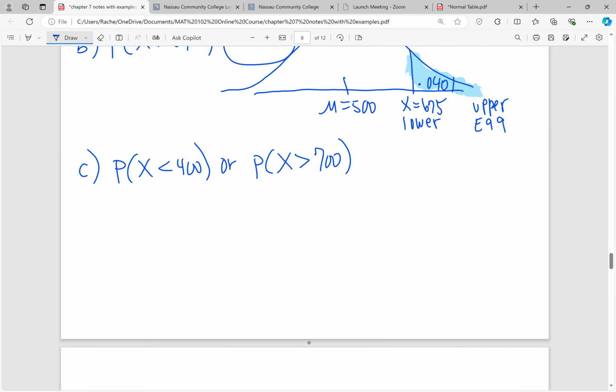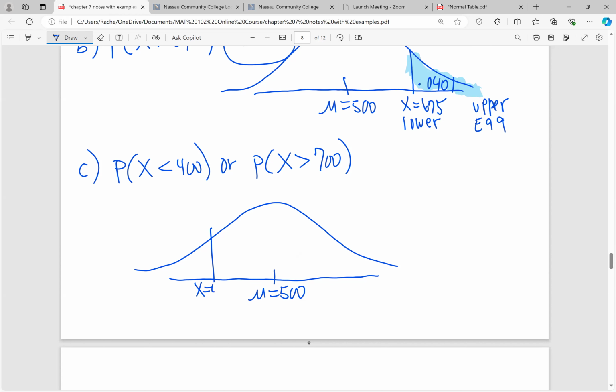So let's make a picture. We have a normal distribution with a mean of 500. 400 is going to go to the left of 500. And x equals 700 is going to go to the right.